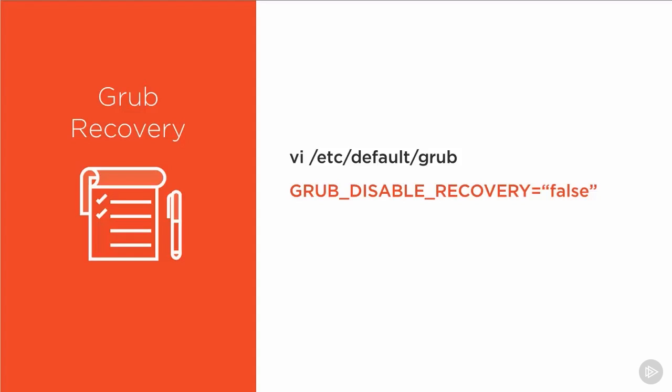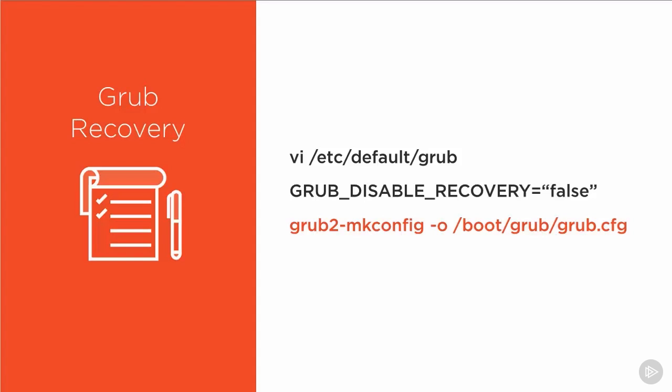And remember, this is the double negative situation, so setting it to false means that we are enabling those recovery entries. We need to regenerate our grub configuration, and don't worry too much about this. We're going to see more on grub when we get into our next module.